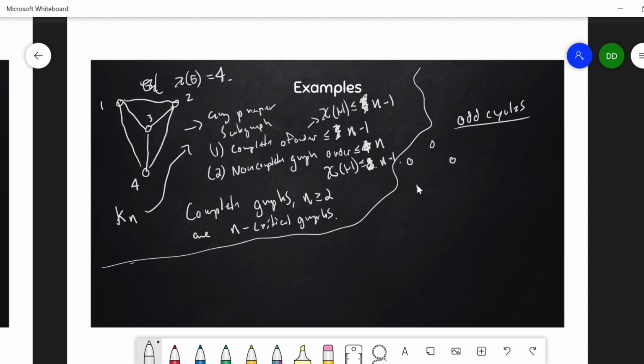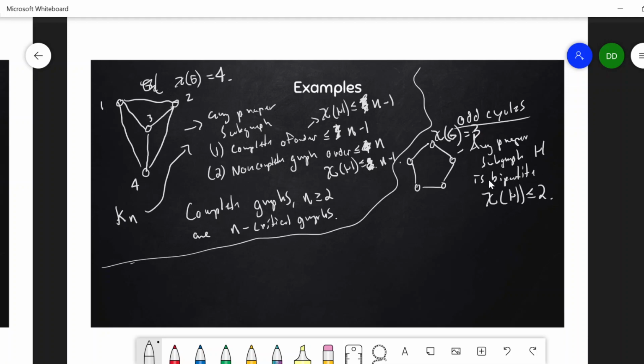If I take, say, C5, and I look at any proper subgraph, so remove any edge, any set of edges, any set of vertices, we'll eliminate the odd cycle, and so it'll be bipartite. And so any proper subgraph, let's call it H, will have chromatic number of H at most 2. And remember that the chromatic number of any odd cycle is exactly 3.